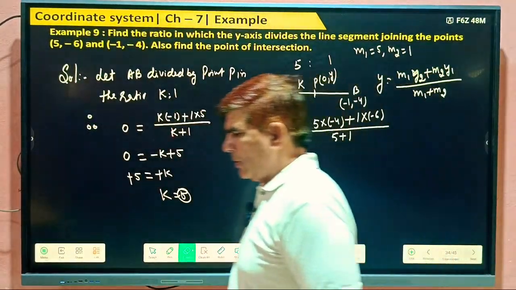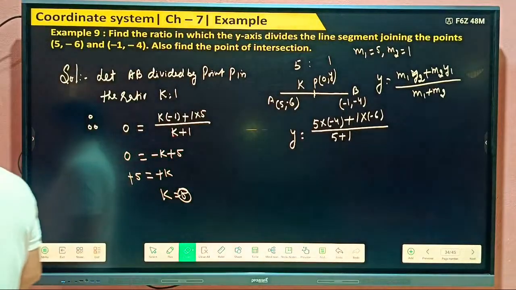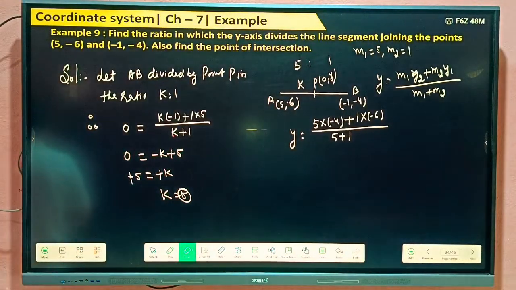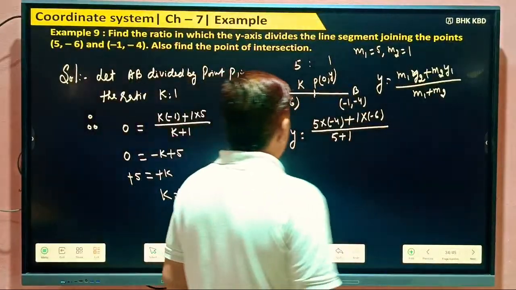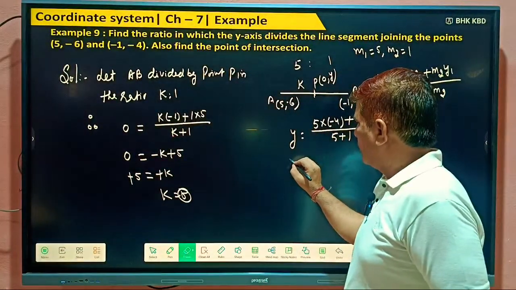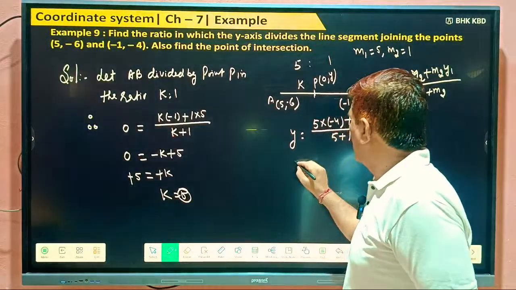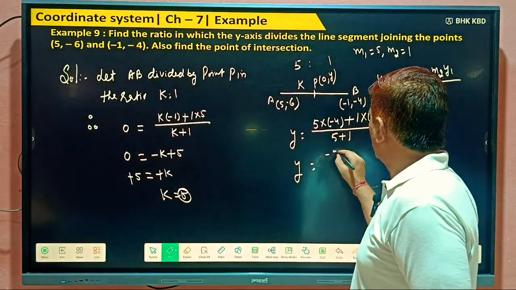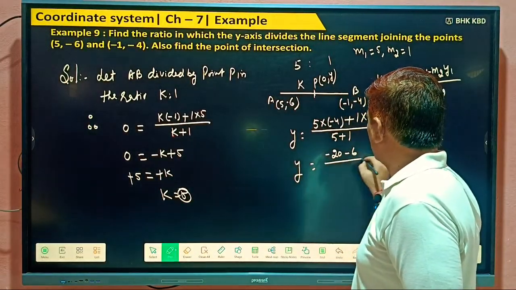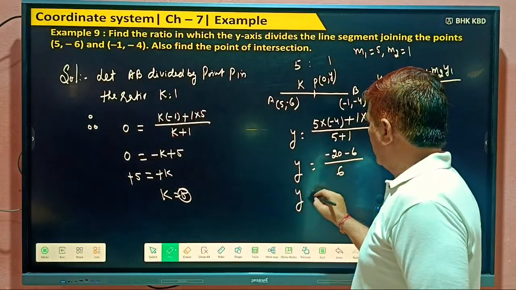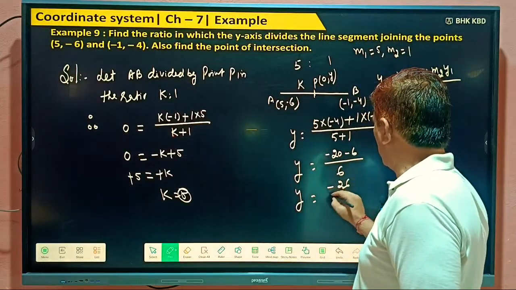Yes or no? Is this understood or not? So example number 9, are you able to solve it easily? So what does it become? y equals minus 20 minus 6 by 6. So y equals minus 26 by 6.